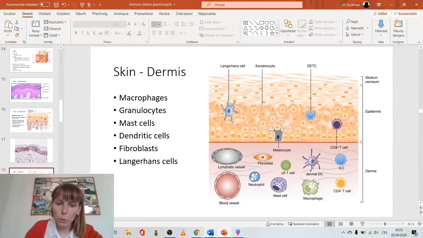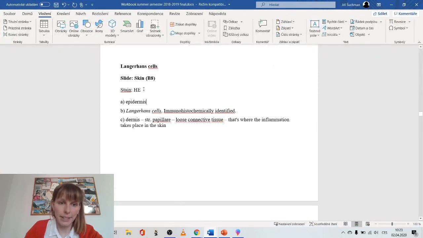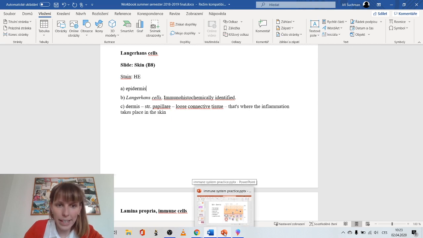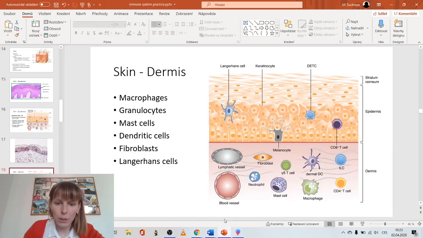So this was the second slide, the skin. We saw the epidermis layers. I don't think it's necessary to open the skin slide in Histology Guide; I think we saw it many times. Langerhans cells we saw with the immunohistochemical staining, and the dermis with all the other cells.